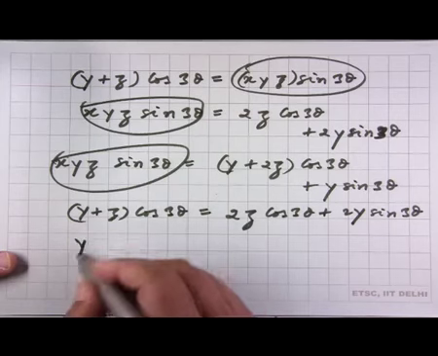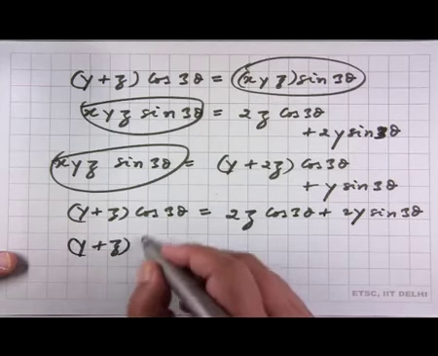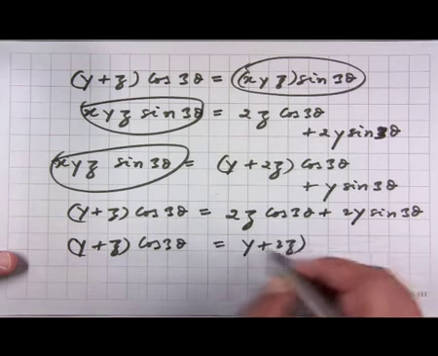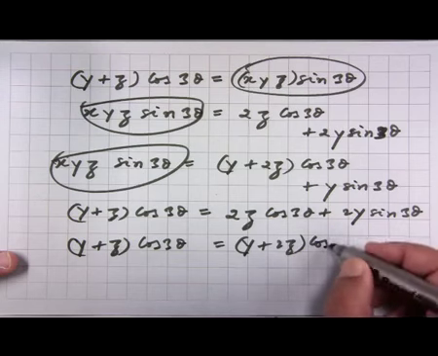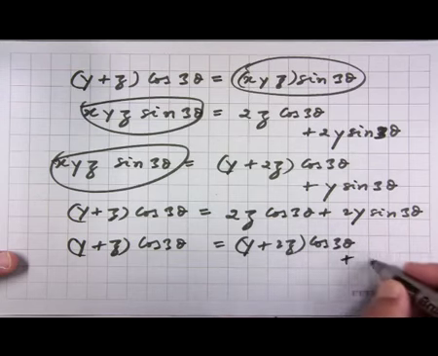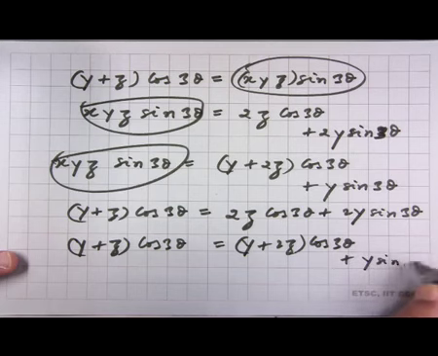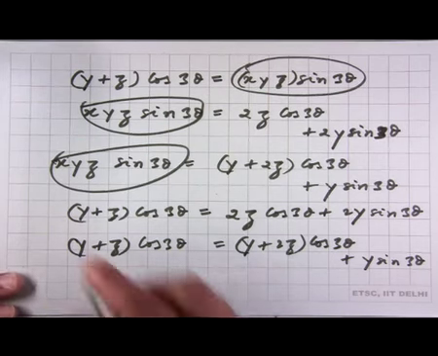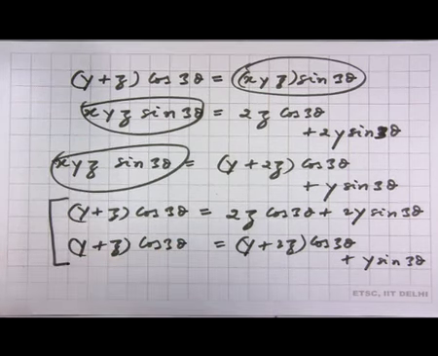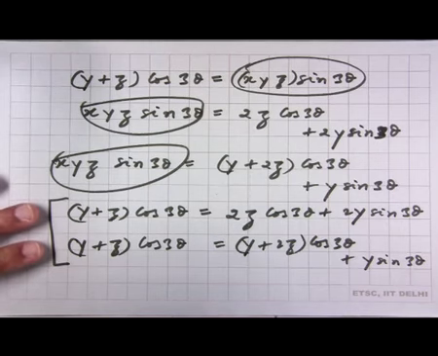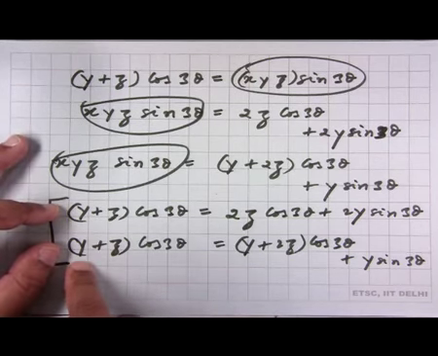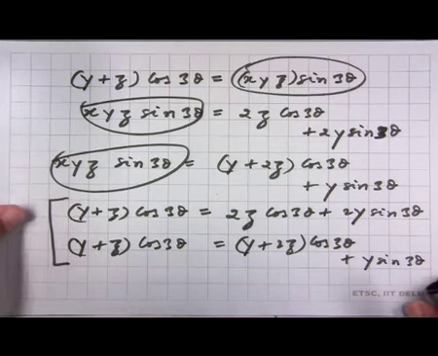So y plus z into cos 3 theta is also equal to y plus 2z into cos 3 theta plus y sine 3 theta. So, for a given theta, what we have is essentially a system of two equations and two unknowns y and z. The solution set should be such that neither should y be equal to 0 nor should z be equal to 0.